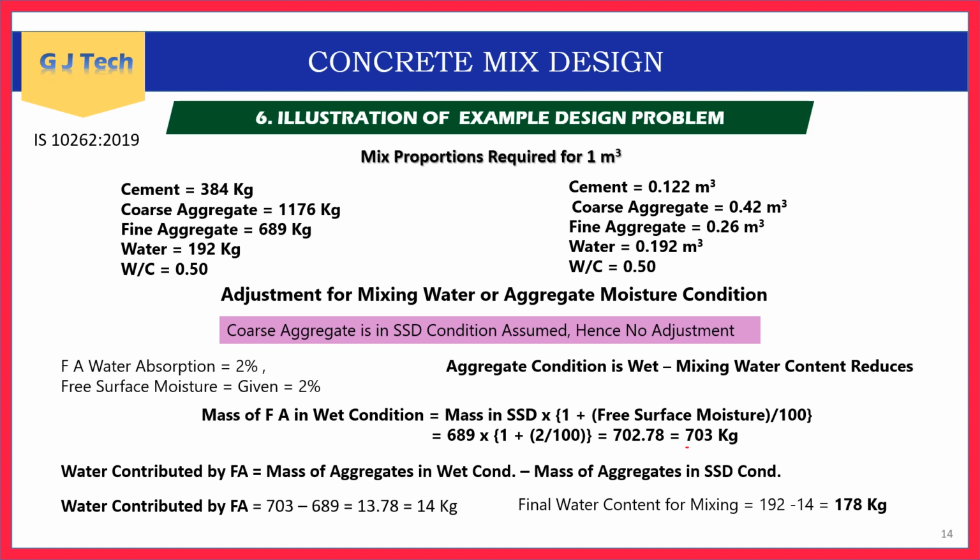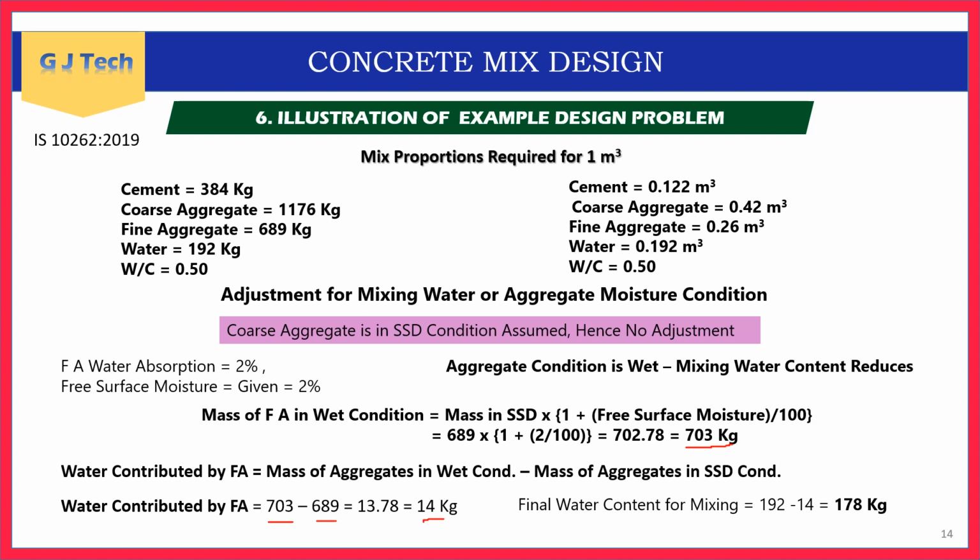So what is the additional water added by the fine aggregates to the concrete? It is obtained by subtracting the saturated surface dry mass 689 kg from the 703 kg wet weight of fine aggregate. We obtain 14 kg of water, which will be contributed by the fine aggregate.